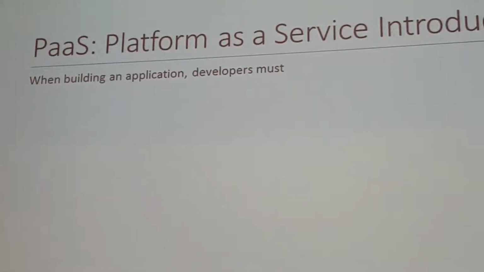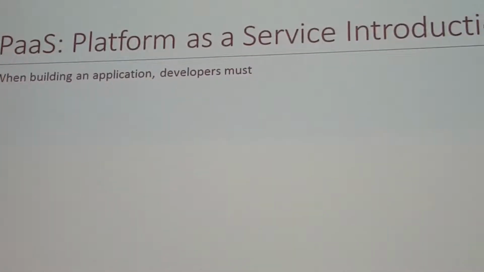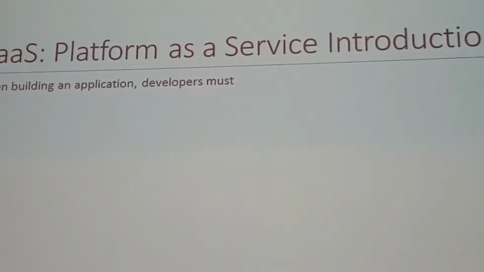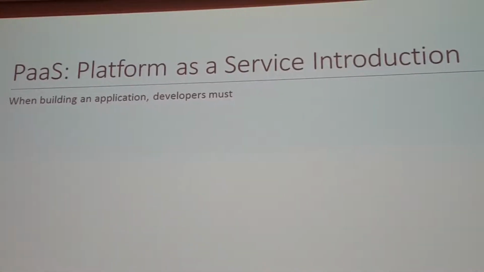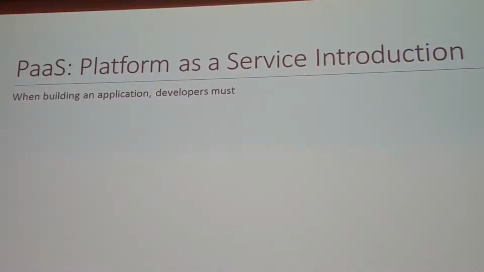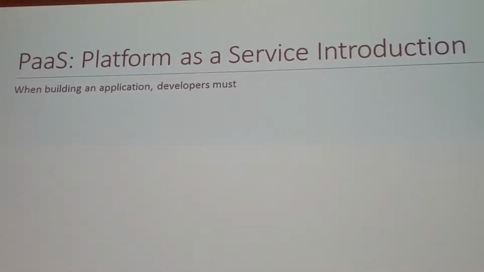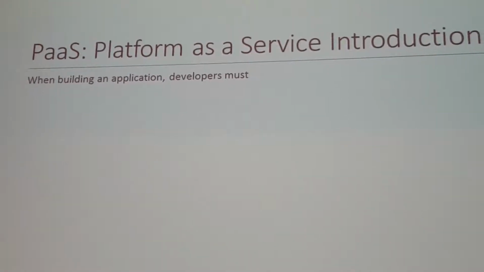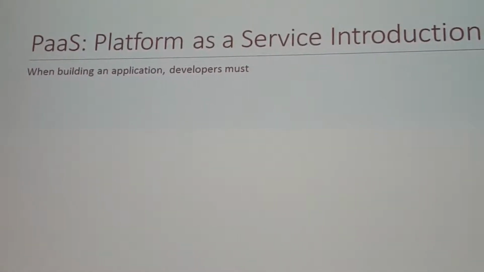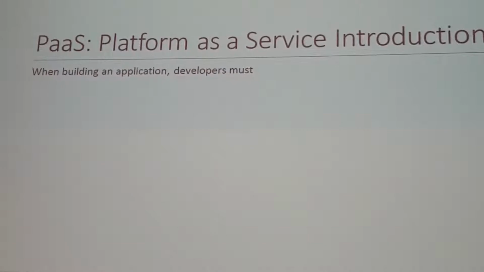So now, with AWS having been introduced, we will look more specifically at PaaS, which stands for Platform as a Service. A little bit of background: when building an application, developers must take care of many different components.